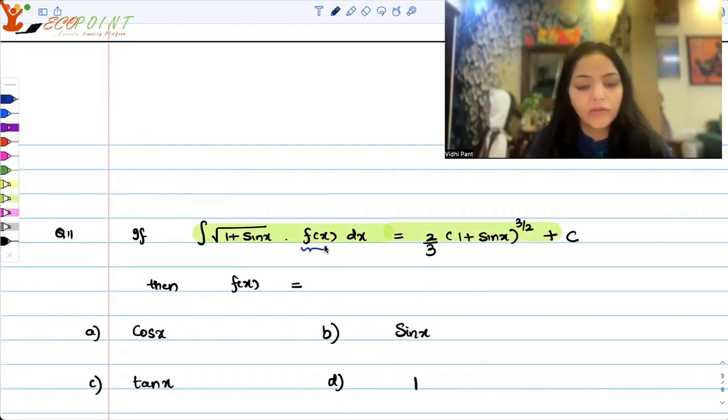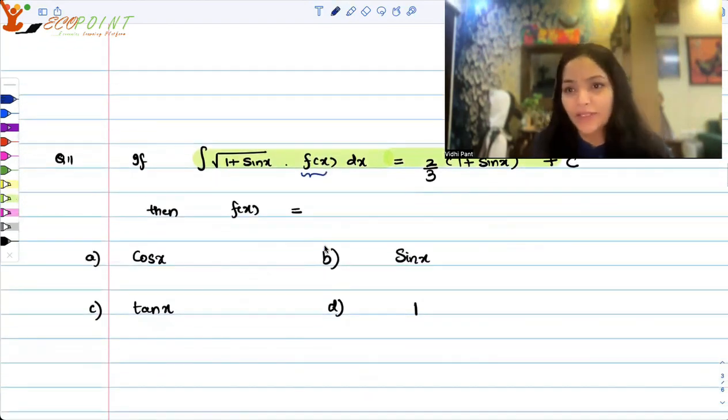Well, if you know integration, if it strikes you, then you can probably answer this question directly. You have certain options with you. If you take f(x) as cos x or sine x or tan x, what kind of substitution will give you that result?